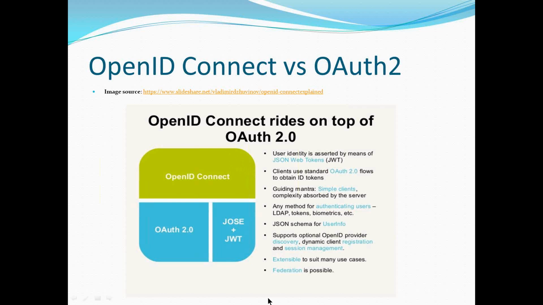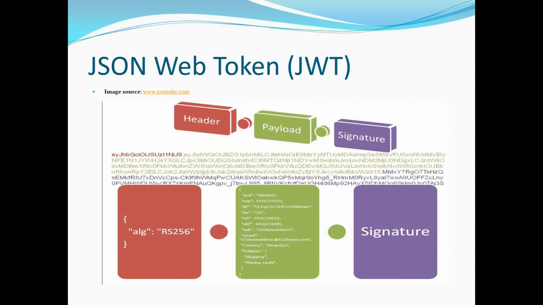One of the things we look at is the user info. Another thing is that OpenID Connect specifies the use of JSON Web Token to be the token used by the OAuth framework. This is very interesting to look at, because JSON Web Token is a token in a JSON format.